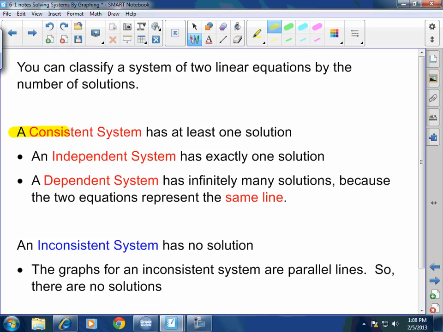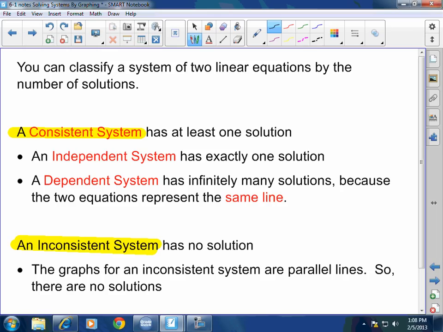You have consistent, and you have inconsistent. Those are the 2 main groups. Consistent and inconsistent. For the first main group, consistent, that means you have at least one solution.